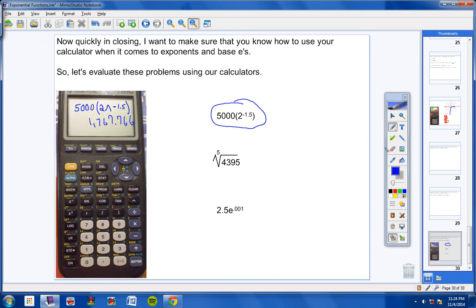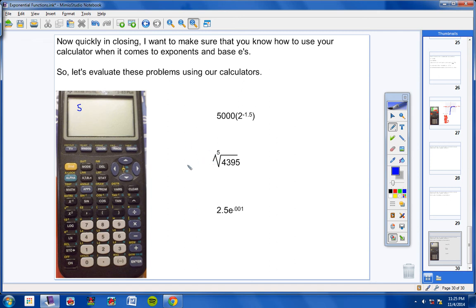Now how about a fifth root? Okay, a fifth root. Well, students, do this, okay? First of all, push the number 5 on your calculator. So go ahead and push 5, and a 5 will pop up right here, okay? And the reason you're going to push 5 is because it's the fifth root, okay?